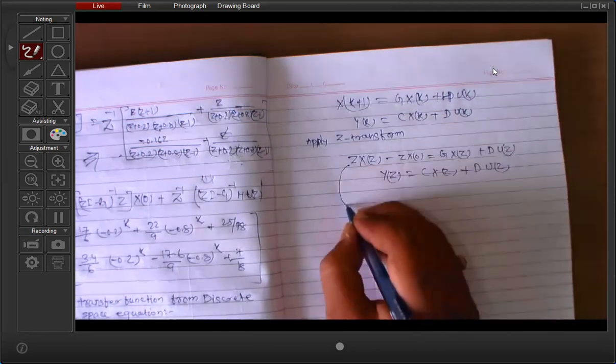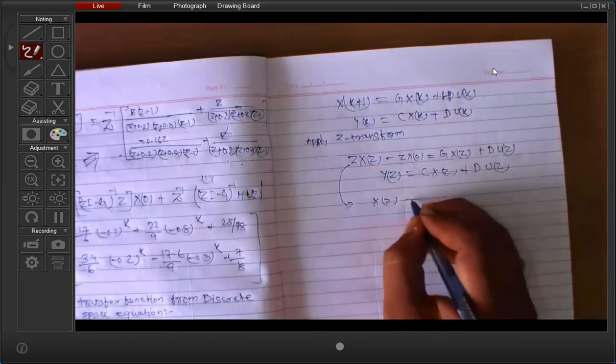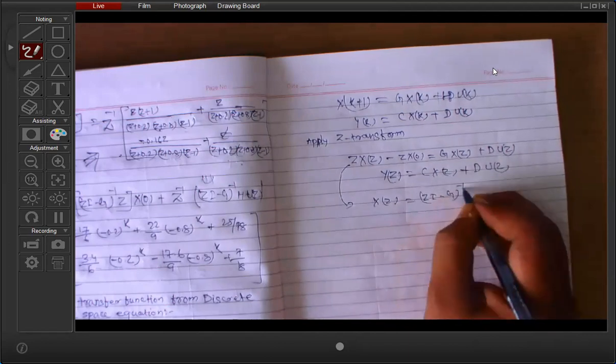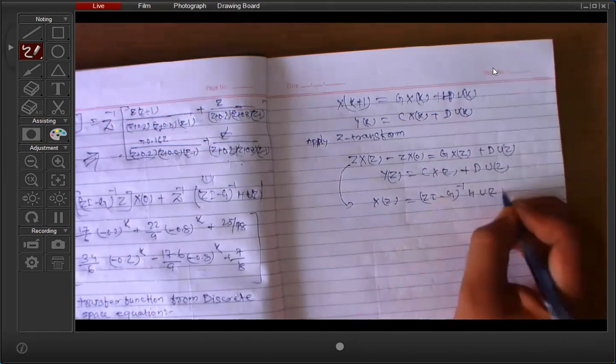So if you rearrange the state equation, then X(z) becomes (zI minus G) inverse into H into U(z).